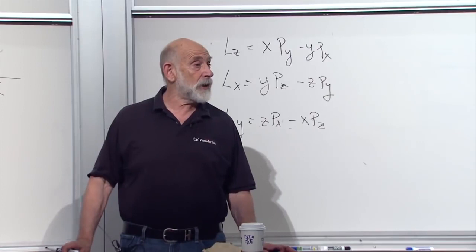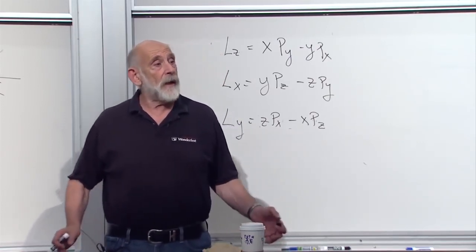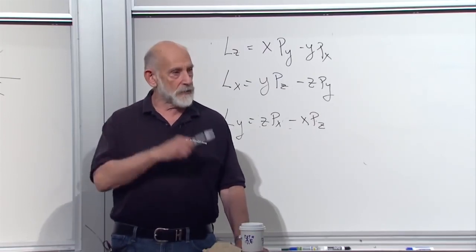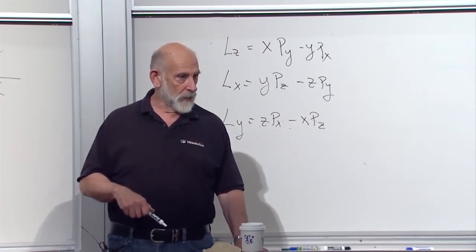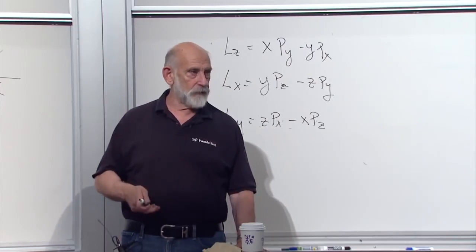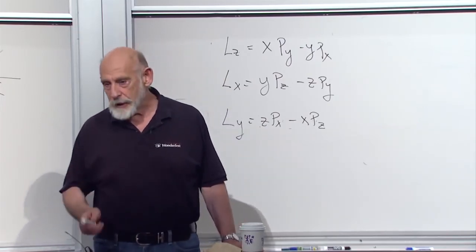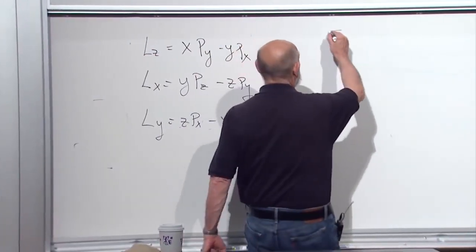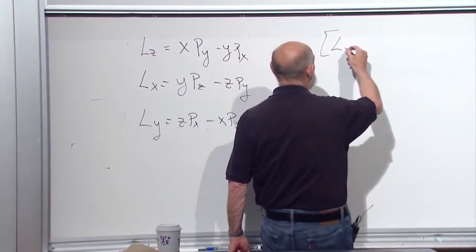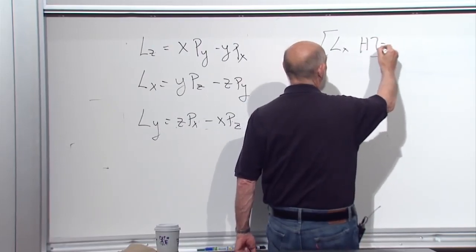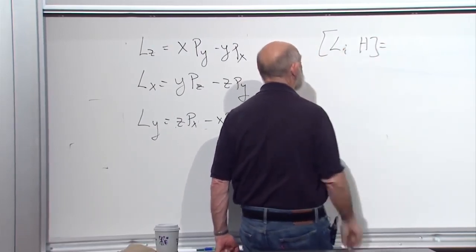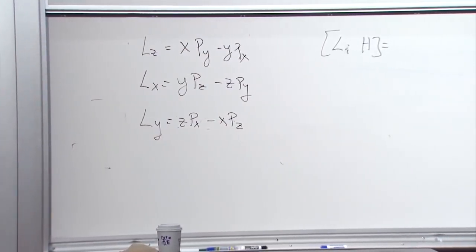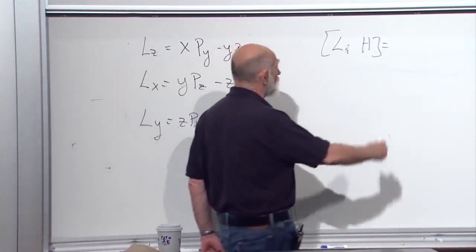What kind of systems have rotational invariance? Well, a very particular system is a particle moving in a central force field. A particle moving in a central force field will have rotational invariance, and therefore for that kind of system, the commutator of Lx with H equals 0, and in fact all three of them, L sub i, 1, 2, and 3, or x, y, and z, they all commute with the Hamiltonian, and they're all conserved.